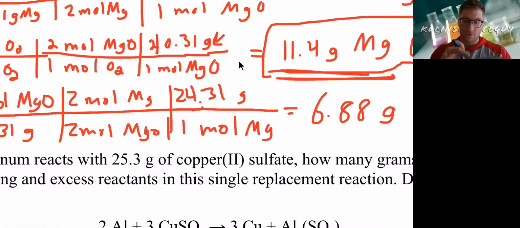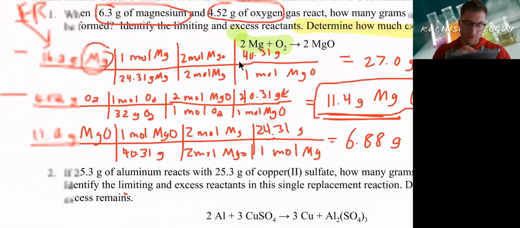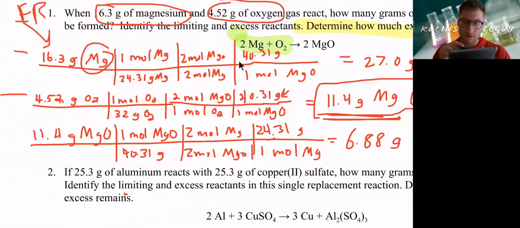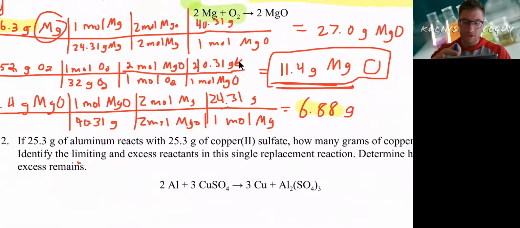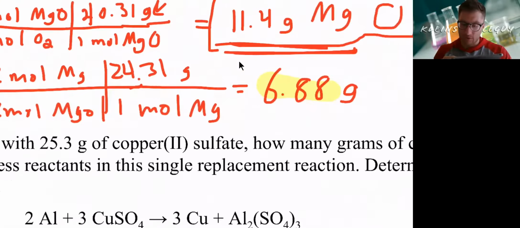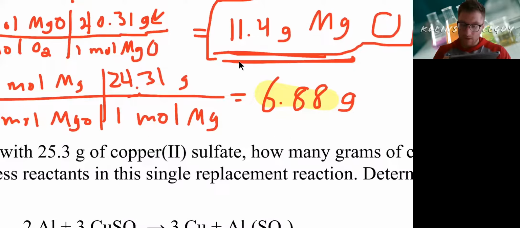So if we started in the equation with 16.3, but we only need 6.8, we just need to subtract 6.8 from 16.3. 16.3 minus 6.88.